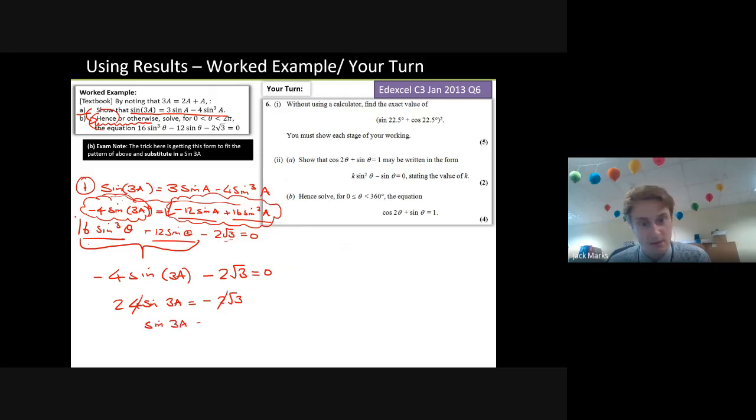Sine of 3a equals -√3 over 2, and you're ready to solve, aren't you? Okay. So I'll leave the solving part for you. When you do your inverse sine, or your arc sine, don't forget to write all of your values. And remember that that's what 3a equals. For the final part, you must divide each of your answers by 3.